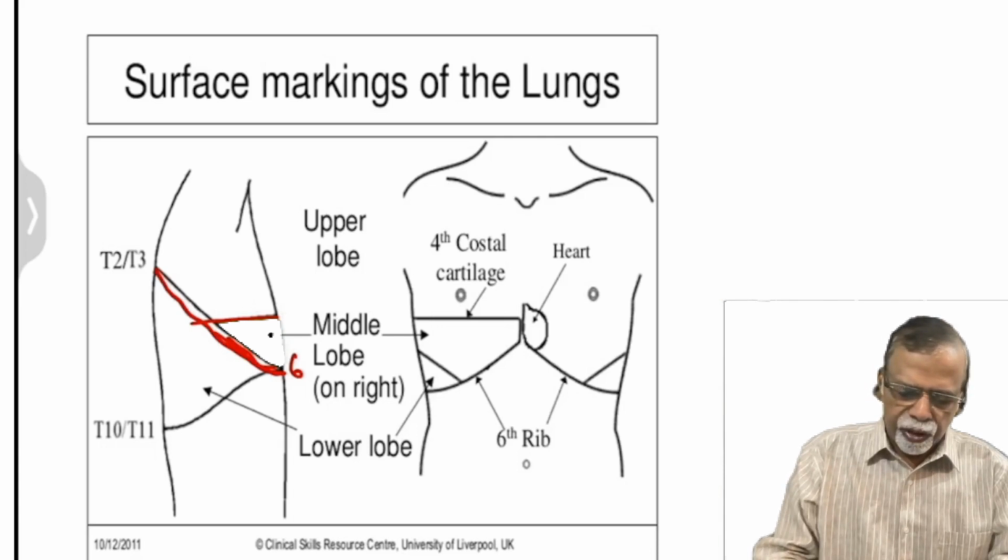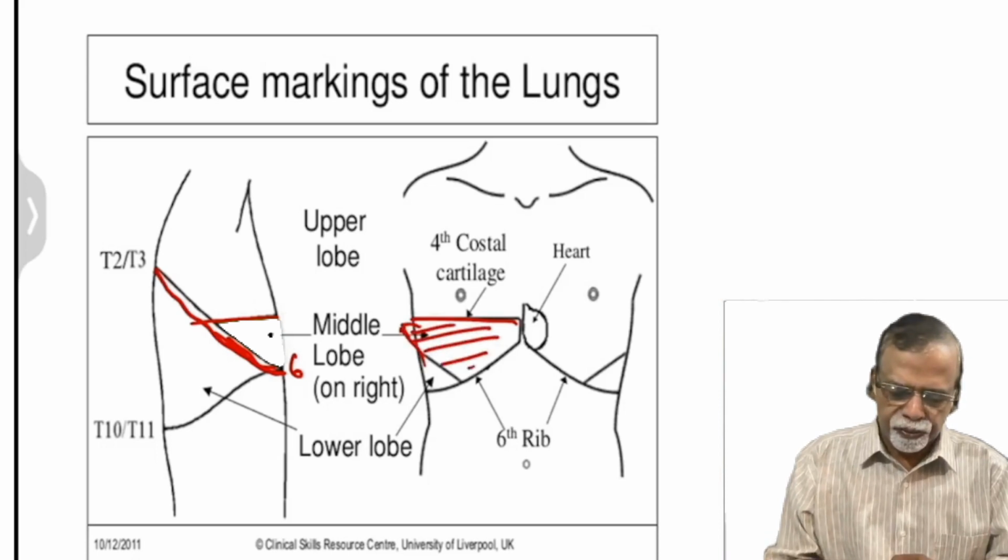So this is what I have told you. From the 4th costal cartilage you draw a line to meet the major fissure. So this region will be the middle lobe. Hope this surface marking and surface anatomy is clear to you.